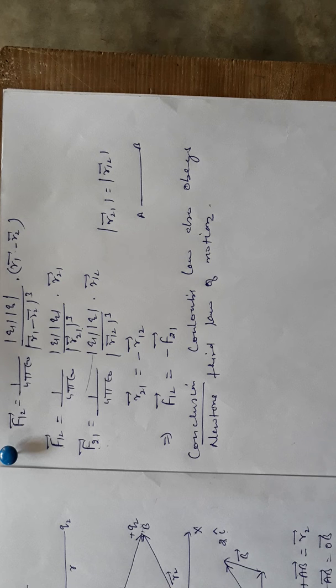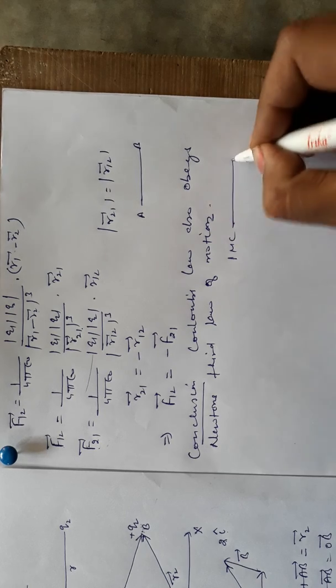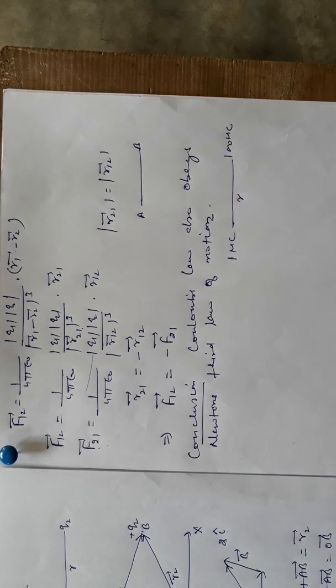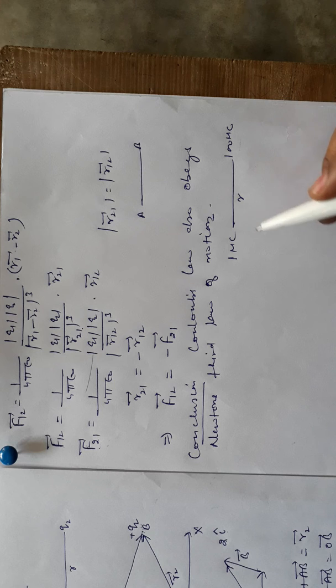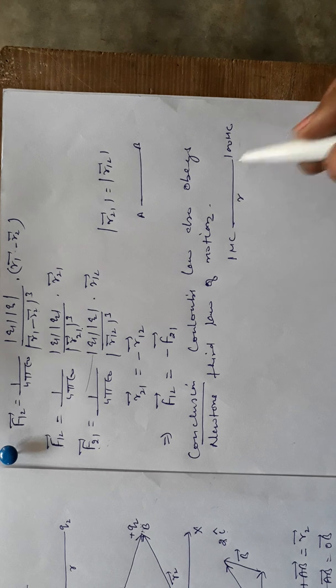So Coulomb's law obeys Newton's third law of motion. If I ask you, there are two charges, 1 microcoulomb and the other one is 100 microcoulomb, separated by distance r. So which one will exert greater force on the other? So the answer will be both of the charges will exert equal force on each other, but in opposite direction. Okay, so this is Coulomb's law in vector form.